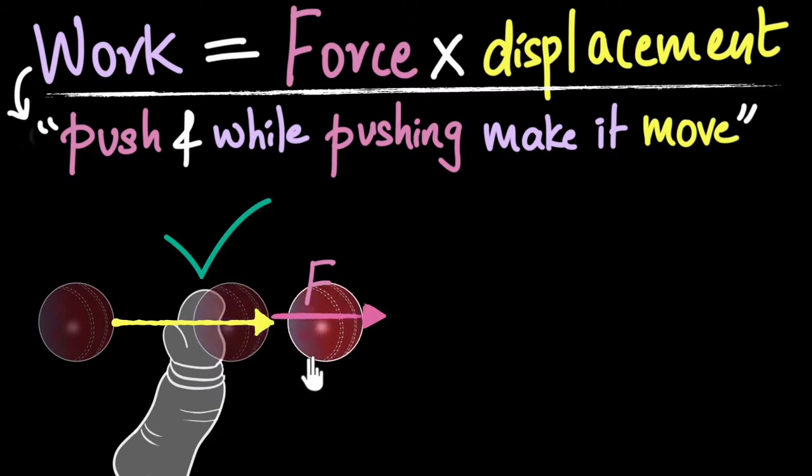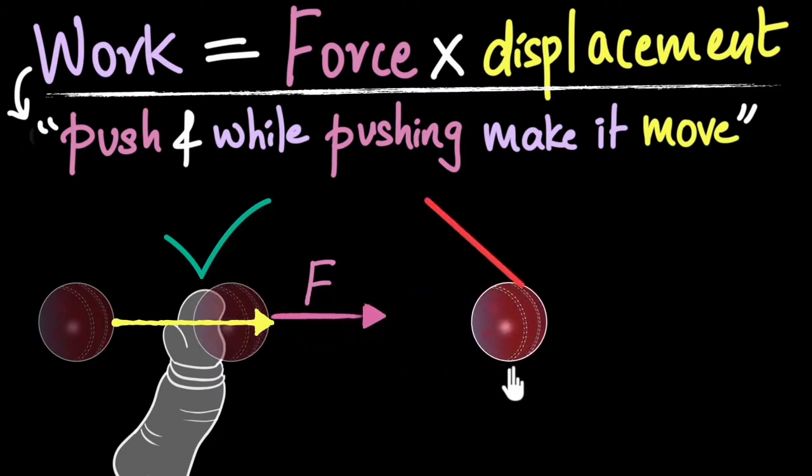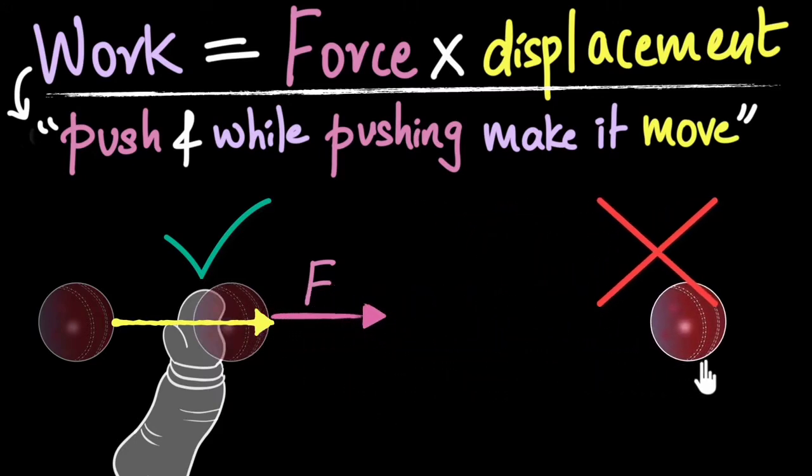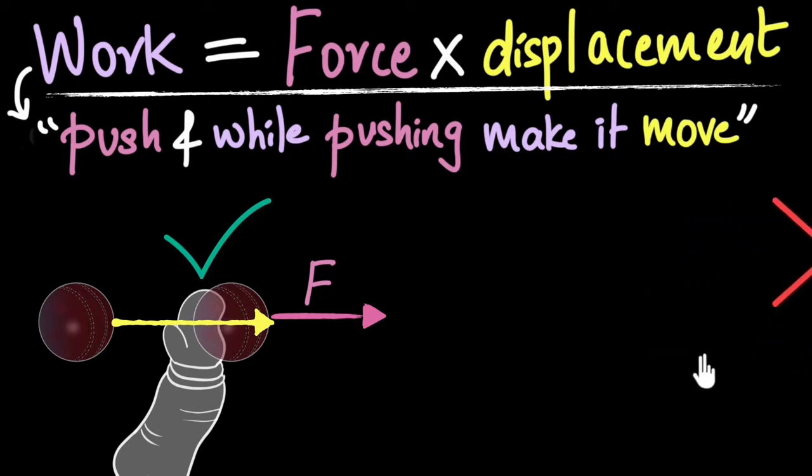And so now no longer work is being done on that ball because there is no force acting on that ball. Remember, we have to push it and while pushing, make it move. So the astronaut only did work when that ball was in his hand. The moment the ball started moving away from his hand, no longer work is being done by that astronaut.